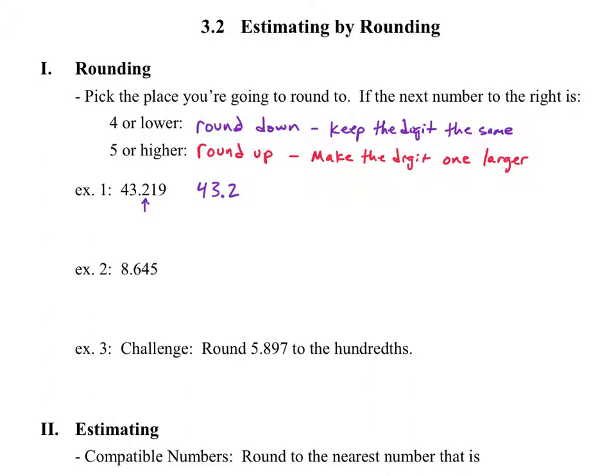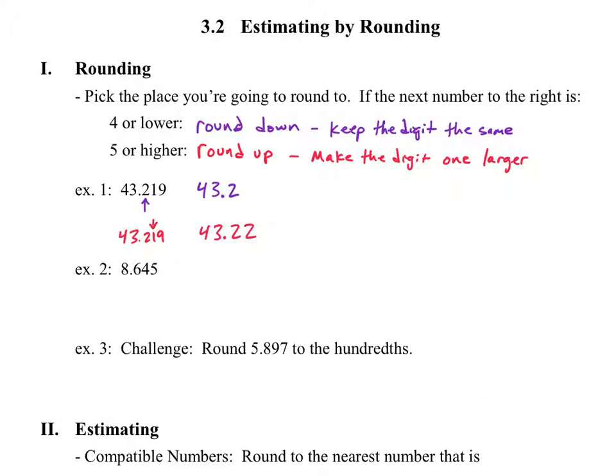If I wanted to round it instead to this digit, so maybe I'll write it down below, 43.219. If I were rounding it to that spot, well then I look at the next number after the 1, and it's a 9. And because we have a 9 here, it's a 5 or higher, we're going to round this thing up. So I make it 43.22. So you could do this problem either way, depending on which digit you're rounding to. In one case, you'd have to round down like here. In the other case, you'd have to round up.